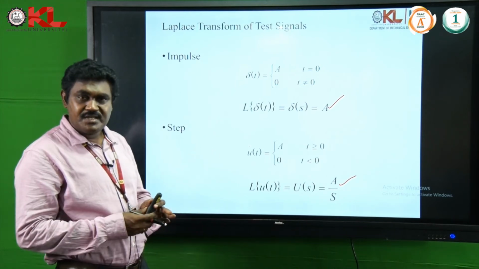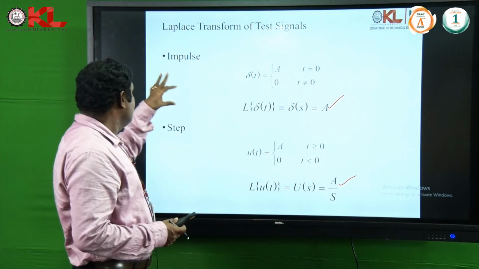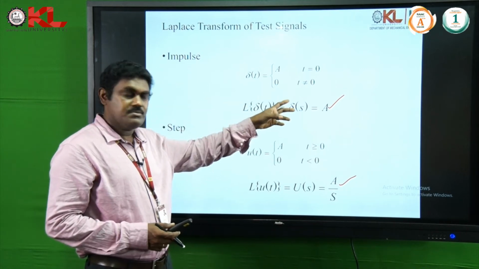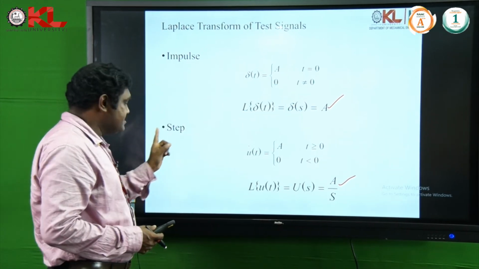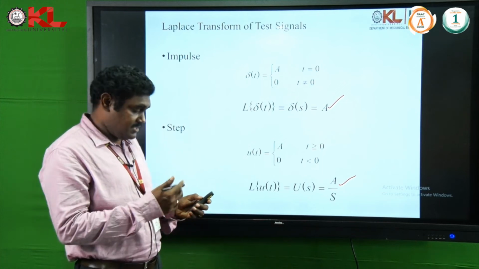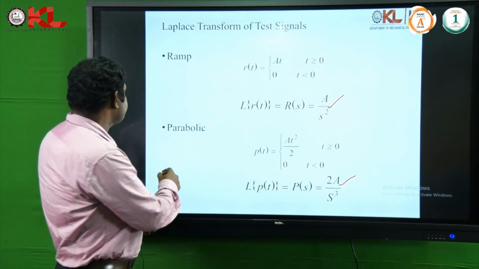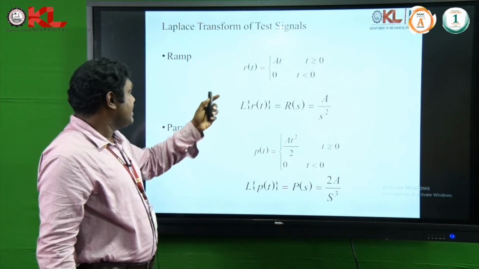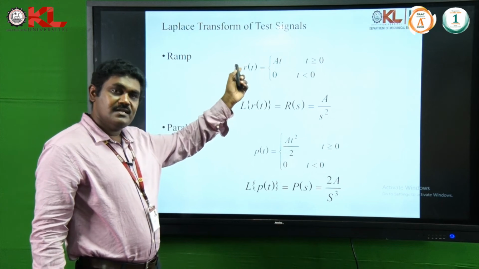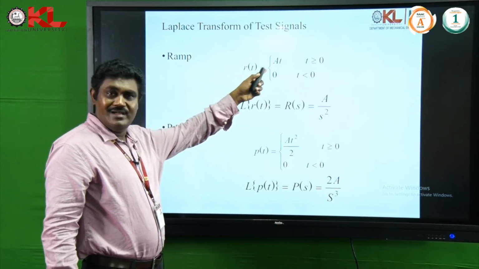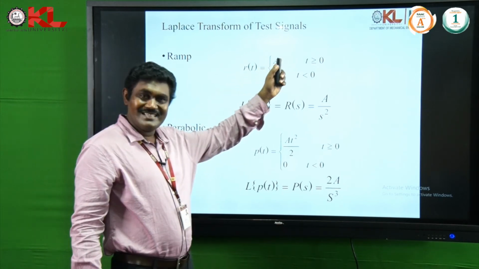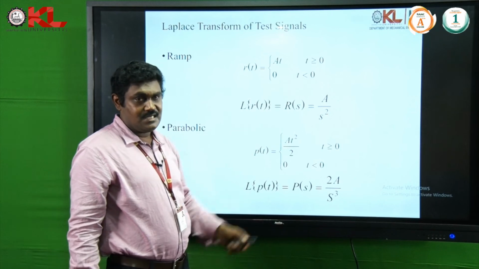It is easy to understand: for impulse the Laplace transformation is A, and for step the Laplace transformation is A by s. And for ramp, the general mathematical equation is r of t is equal to A t for t greater than or equal to 0, and 0 for t less than 0.